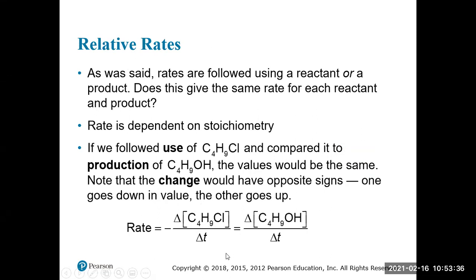So in other words, the butyl chloride concentration is going to be decreasing. The C4H9OH, the butanol concentration, doesn't have a negative sign, it has a plus sign in front of it, or an implied plus sign, because that's what we're forming in the reaction. So in our reaction, we'd be using up the C4H9Cl, and we'd be making C4H9OH.